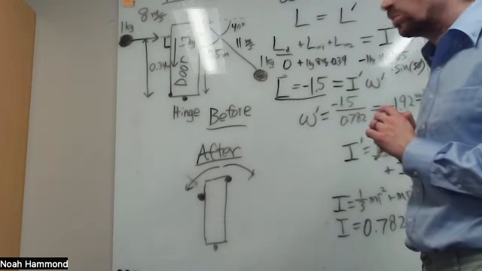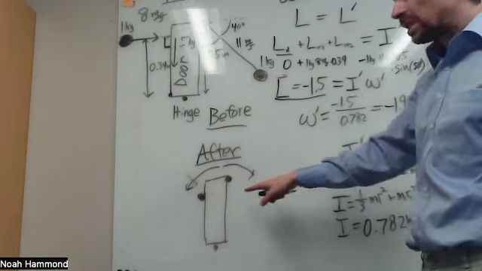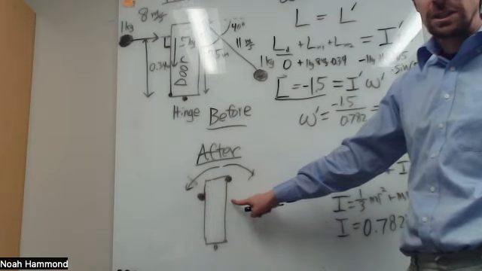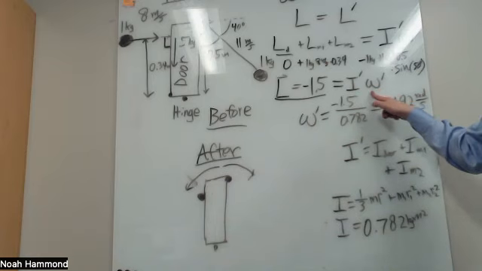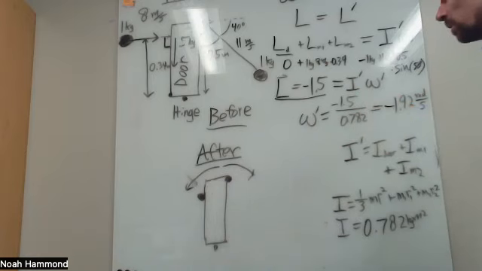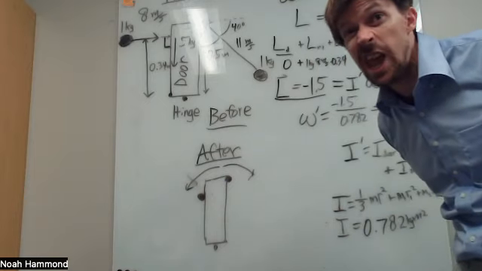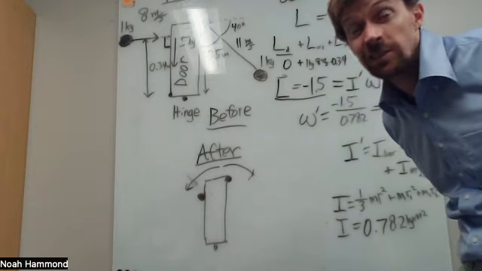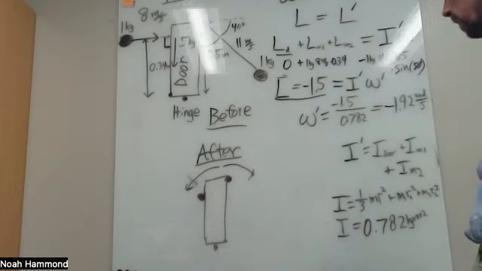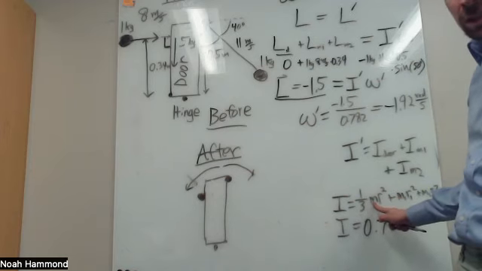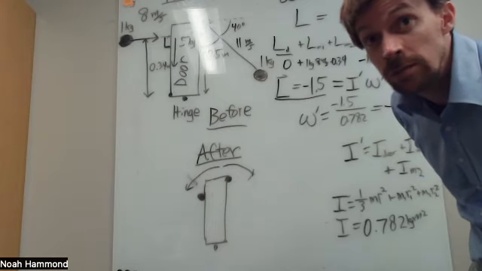So what's the moment of inertia? If we know the moment of inertia of this thing after the mud balls stick to the door, we can solve this, because then w prime is the only thing we don't know. So when we're calculating the moment of inertia of our system, we just add them together. So we have a door and two mud balls, which we're treating as point masses. So the moment of inertia of the door is going to be 1/3 the mass of the door times the radius of the door squared.